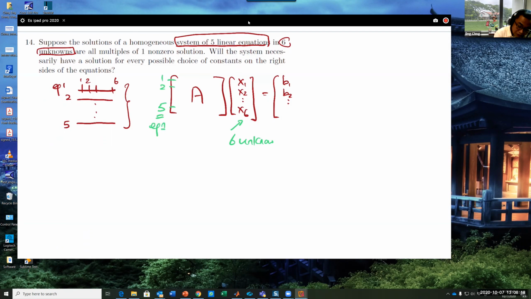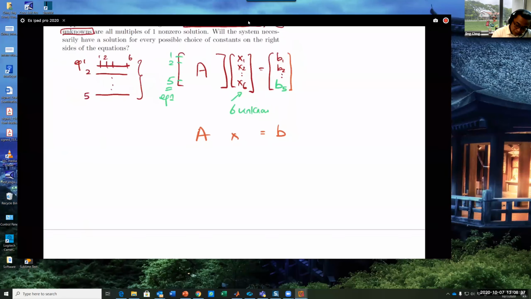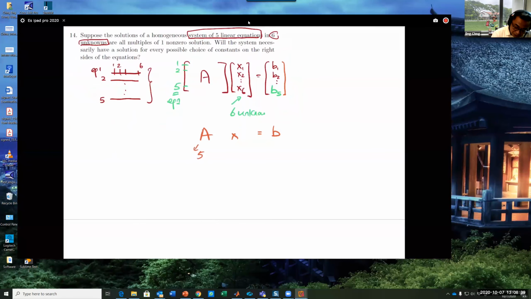Therefore, my last b should be b5. That's the thing you must pick. All right, so basically now I can cast the problem as Ax equals b. This A is a 5 by 6, this x is a 6 by 1, and this b is a 5 by 1. Now, what other information is he telling us?